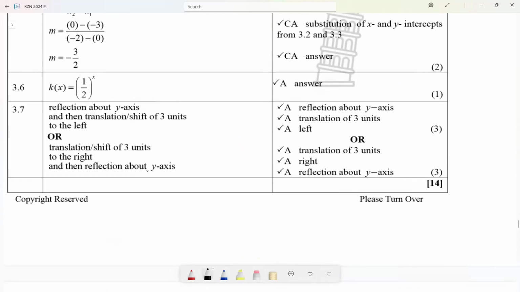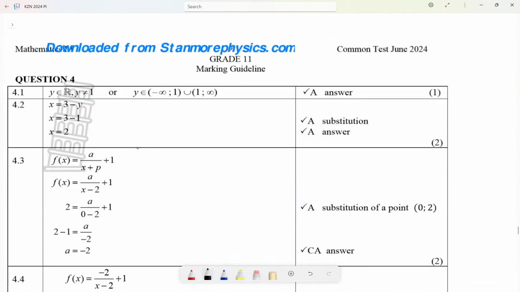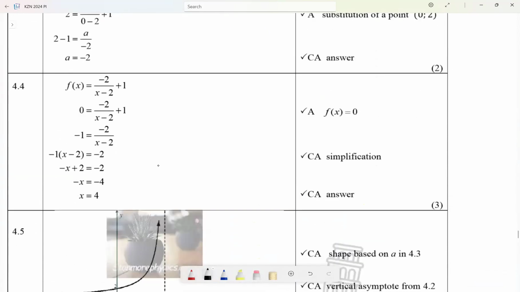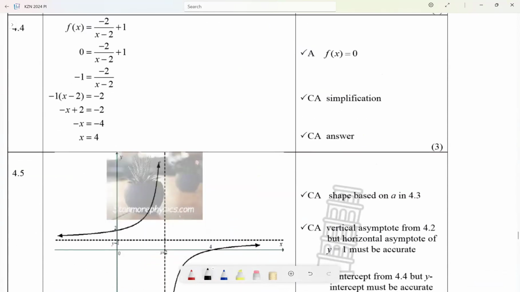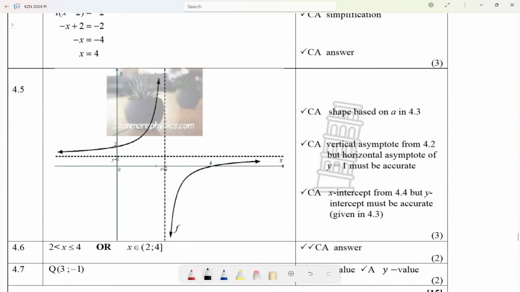Then 3.6 to 3.7. Then 4.1 to 4.3. You can pause and look at the answers and confirm. 4.4 is that. Then our graph is up to 4.7.